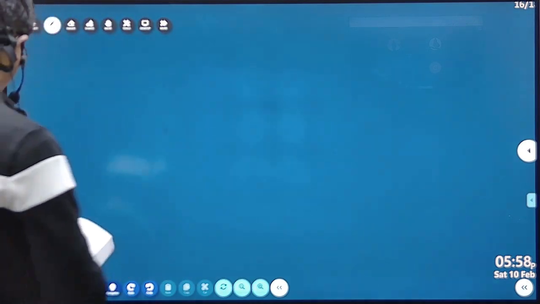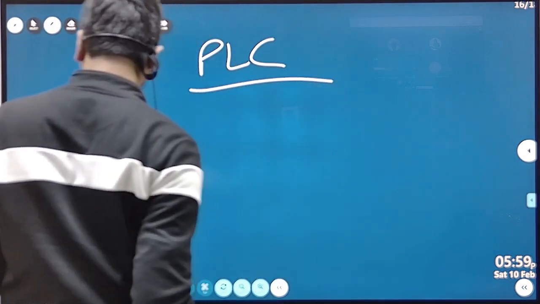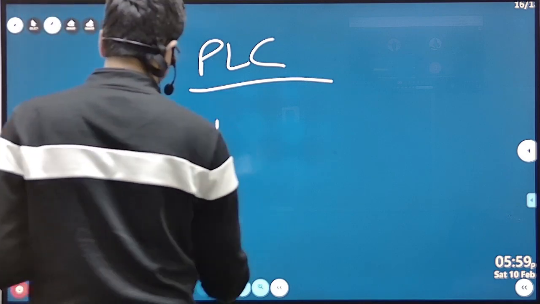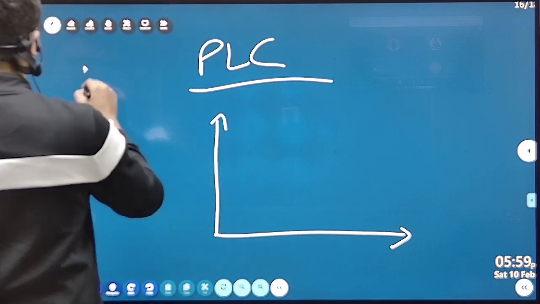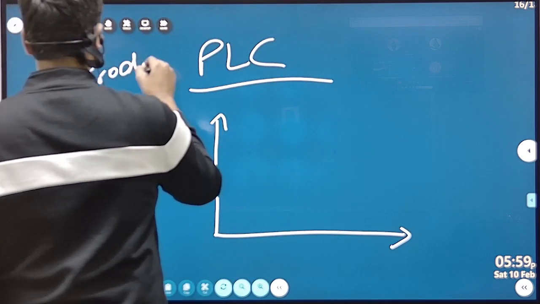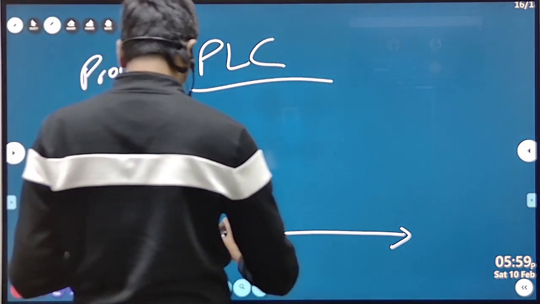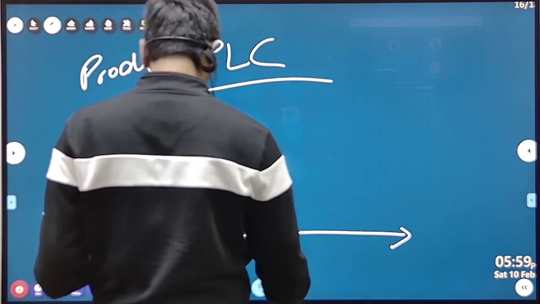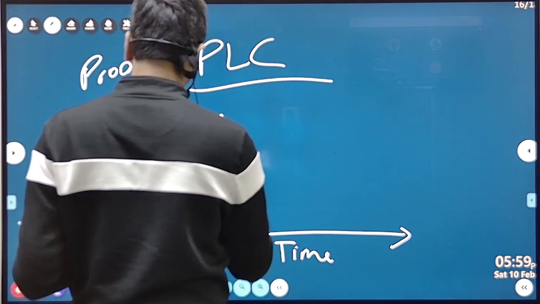So let us see what a product life cycle is. It's a small topic. Any product goes through a certain life cycle, where over time you see what happens to your sales.